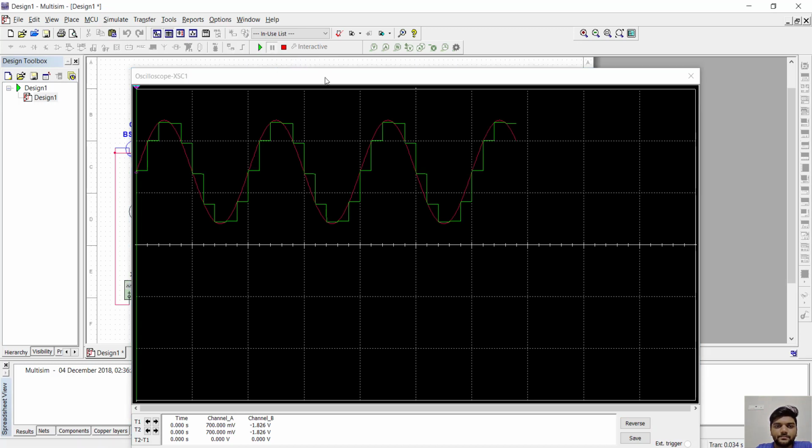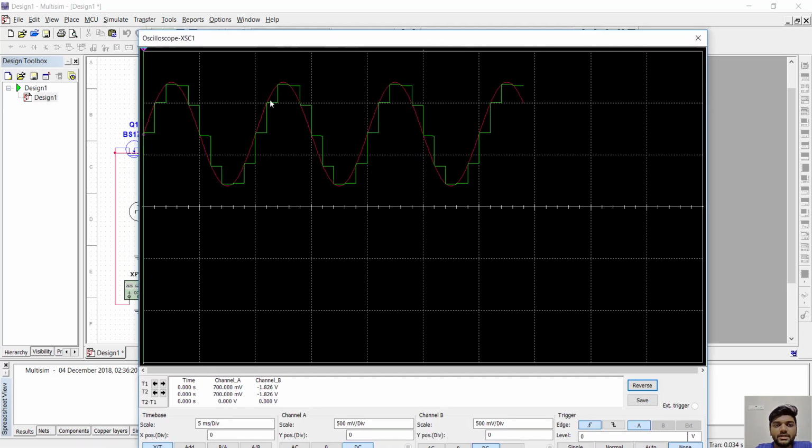As you can see, one complete cycle has 10 samples being taken. Suppose we start from here: 1, 2, 3, 4, 5, 6, 7, 8, 9, 10. So this is what it actually means.